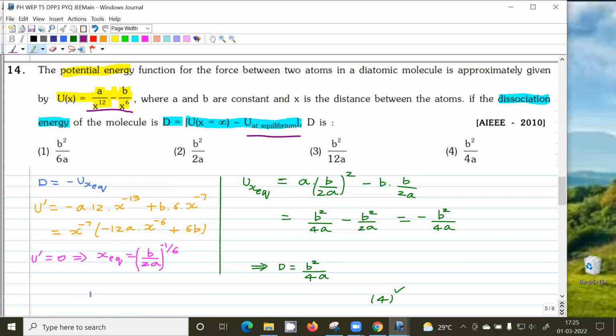Got it? X at equilibrium, X equals 2a by b, power 1 by 6, sir. Yeah, this one. So from that you can find u at equilibrium. 2A by B only, no sir. We got B by 2A. I put minus 1 by 6.